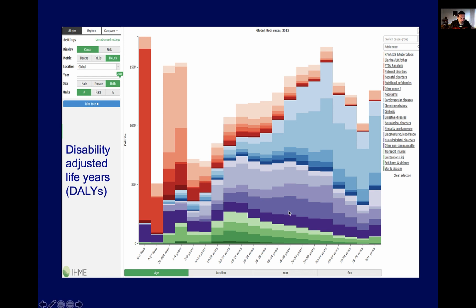With the focus on the infectious diseases group shown in red, while the other slides certainly demonstrated the impact in the very young children and neonatal period, you can now begin to see the contribution of infectious diseases throughout the lifespan, including in middle age and older age.